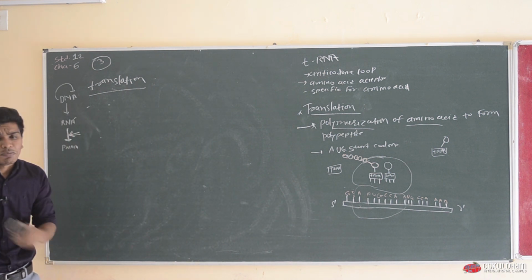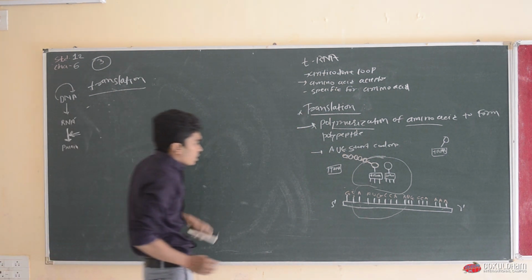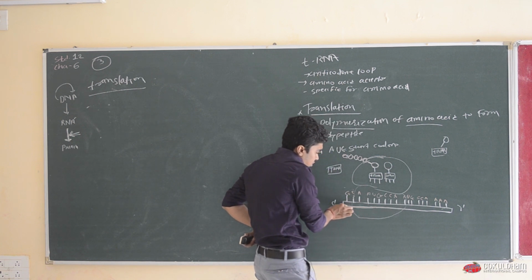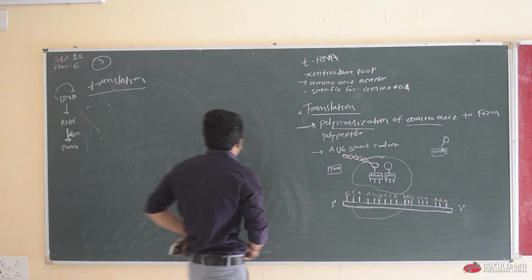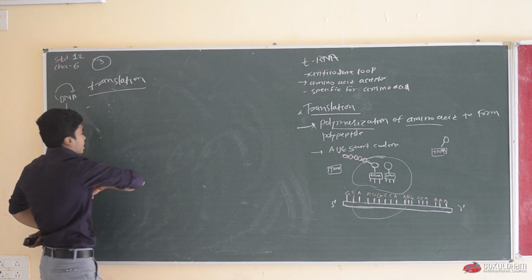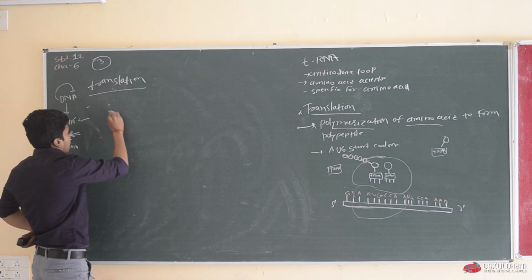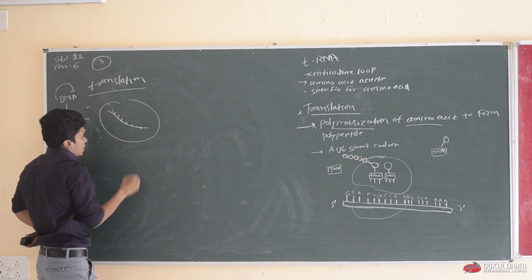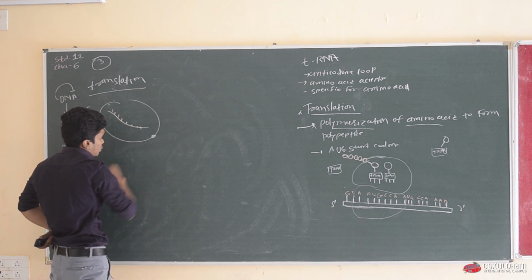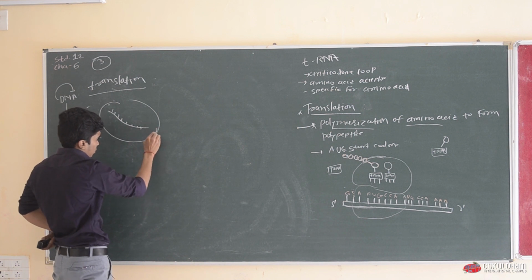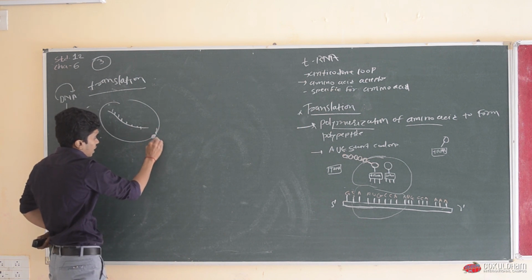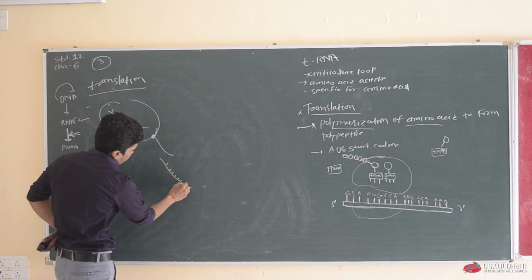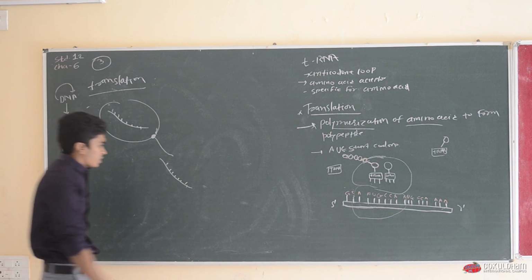So how does this process take place? Let us discuss this process. We know that in transcription one mRNA is formed inside the nucleus. From this nuclear pore, this mRNA will come out from the nucleus into the cytoplasm.